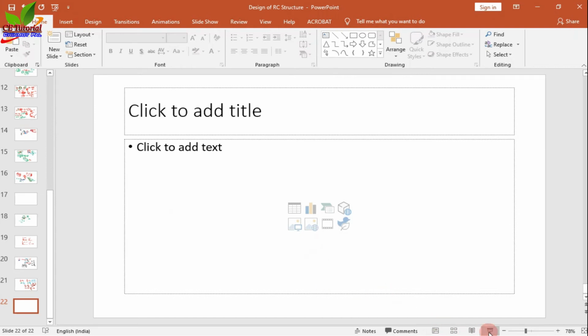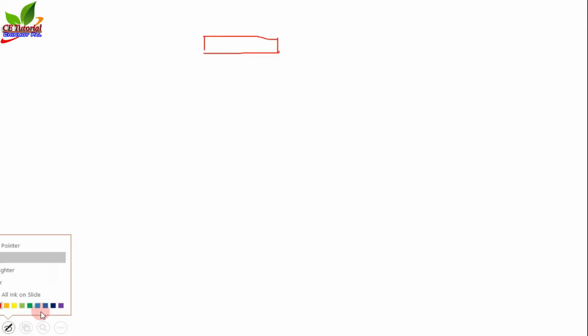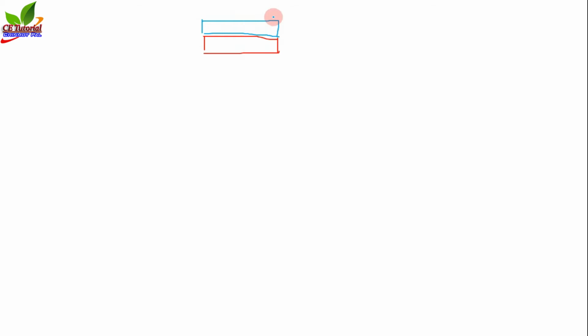Now just assume an example: one is concrete and another is steel. This is concrete and this is steel, and we are applying a load P. Suppose this is tensile load.